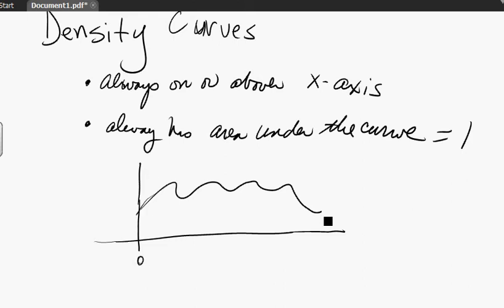I'll put my y-axis here and ends right here. It's a density curve if I can find all the area between the curve and down to the axis. If I look at all that area and add it all up, that area has to be 1. If it's more than 1, then it's not a density curve. Okay?